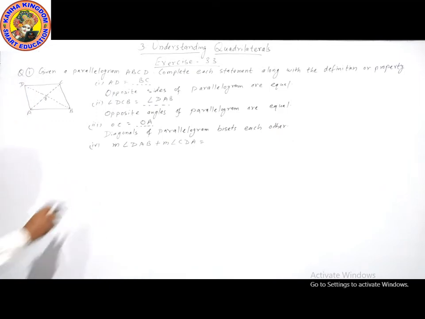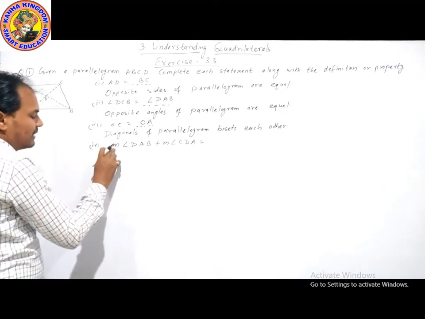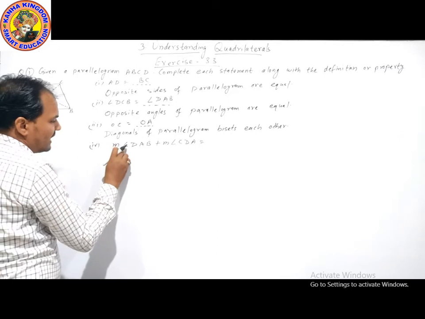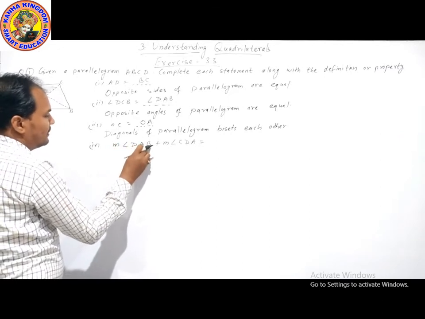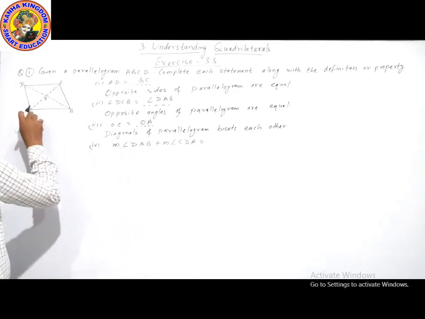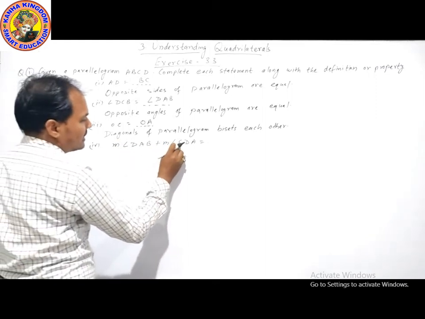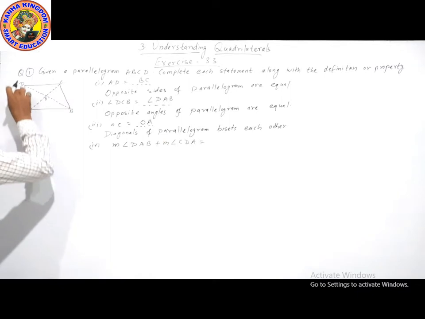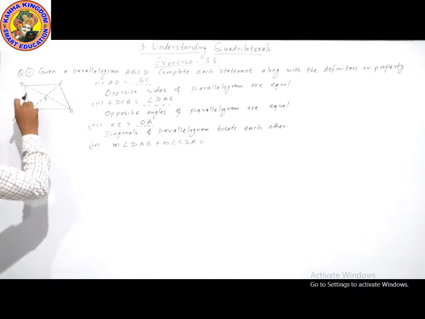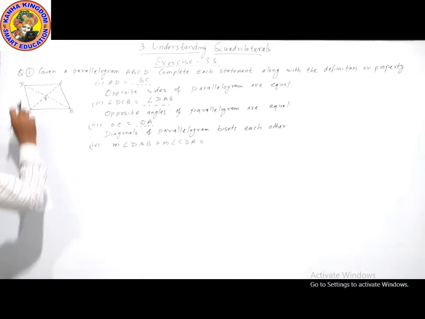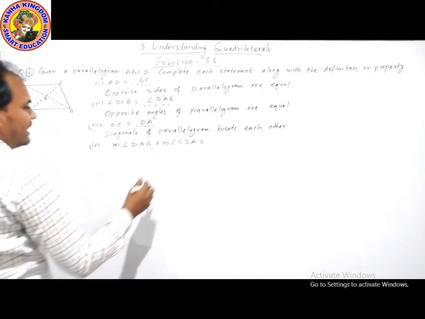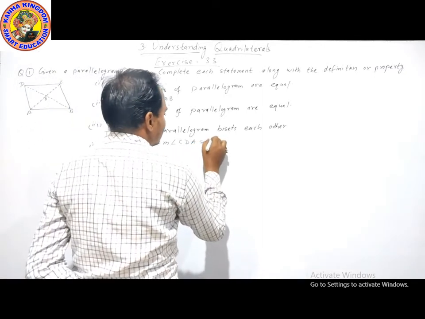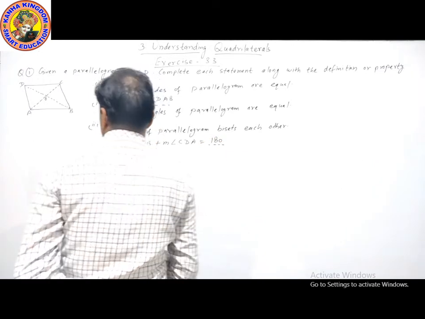Now the fourth one is the measure of angle, M for measure. Measure of angle DAB means angle A, and measure of angle CDA, angle D. The addition of A and D, these are adjacent angles. The addition of adjacent angles is 180 degrees.